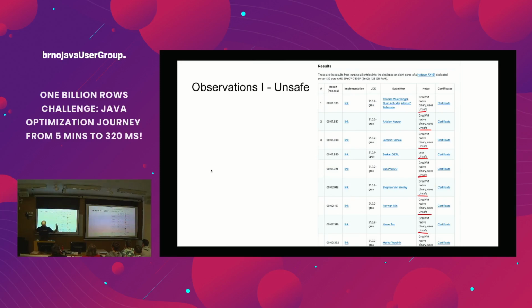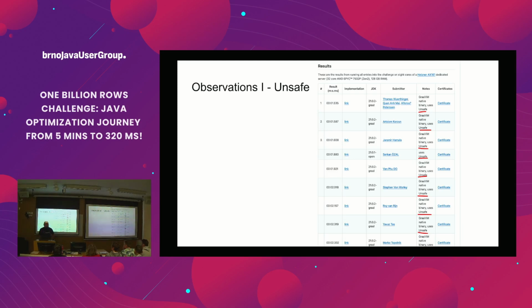Okay, we are done. We are there. Observations. Unsafe. There has been a war on unsafe in the Java world since, I don't know, 2015 or something. Oracle at some point announced that it will no longer be available for developers, and then they realized, oh, okay, there are so many libraries and frameworks relying on that, and back then there was a lot of drama.